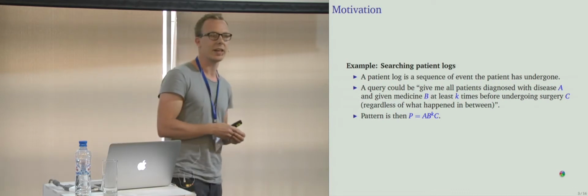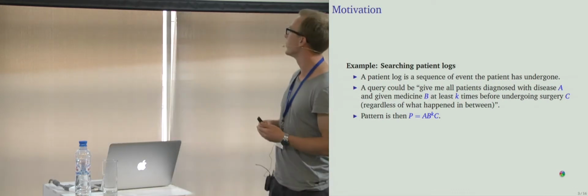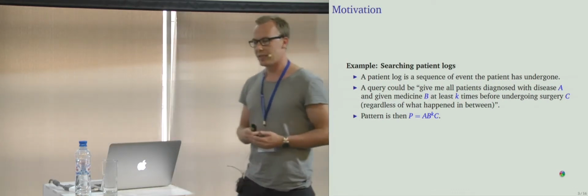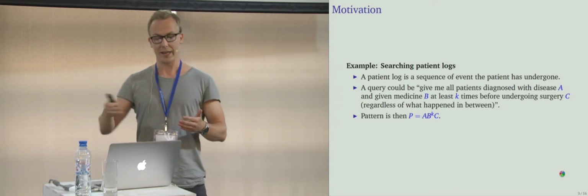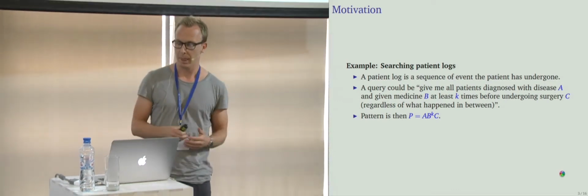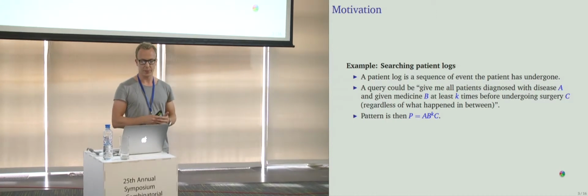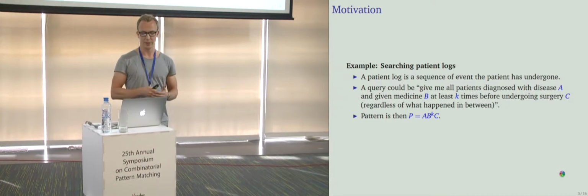And this is exactly subsequence matching. What we do is that we set the pattern to A followed by K Bs and then C, and then we look for the pattern in our set of patient logs.